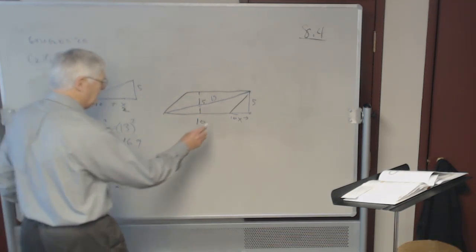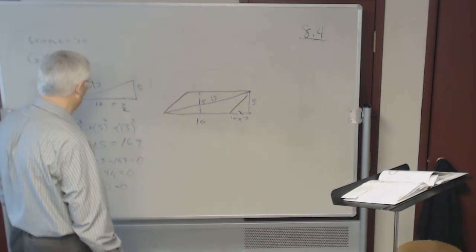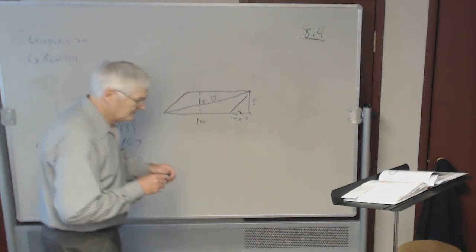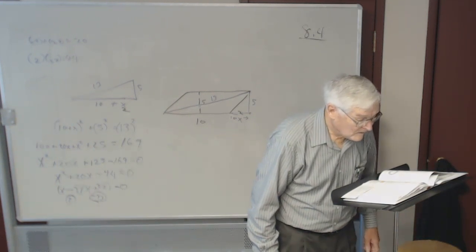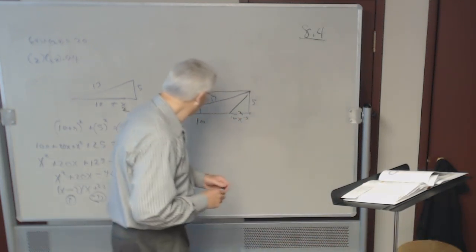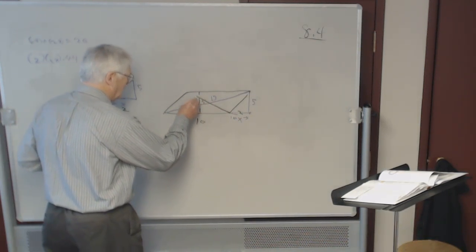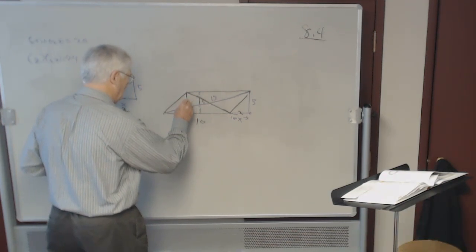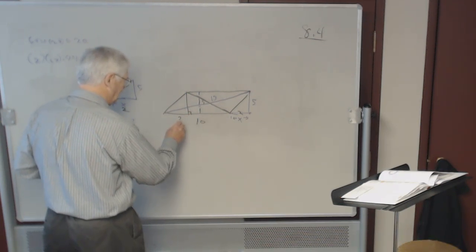So now we know this is 2. If that's 2 over there, then what does it say to do next? How long is the shorter diagonal? That's the one from here to here. Well, there's the right triangle. And how much is this? 2.